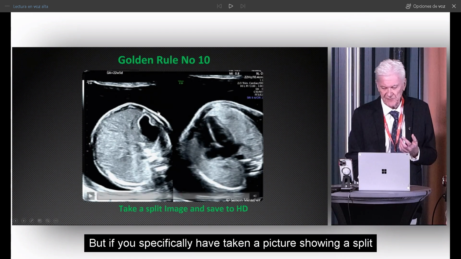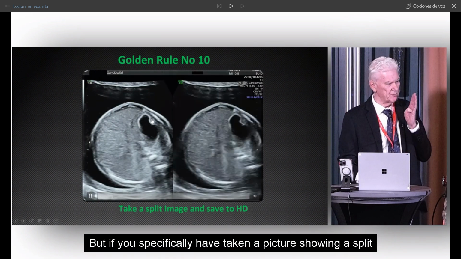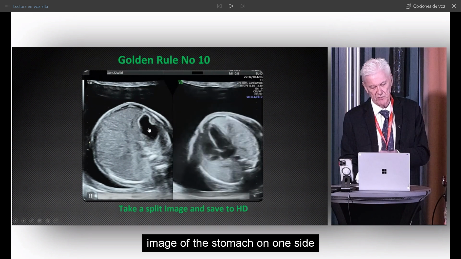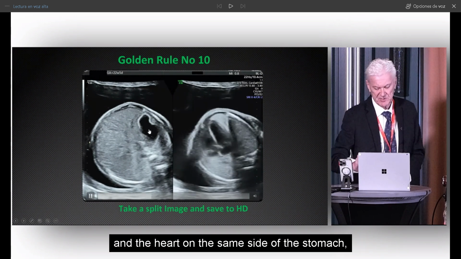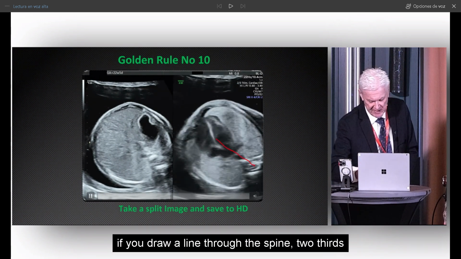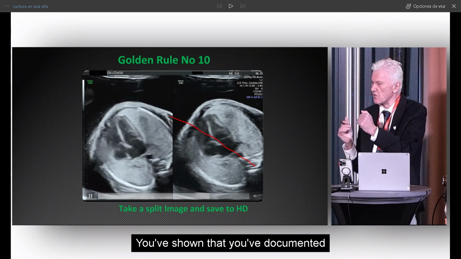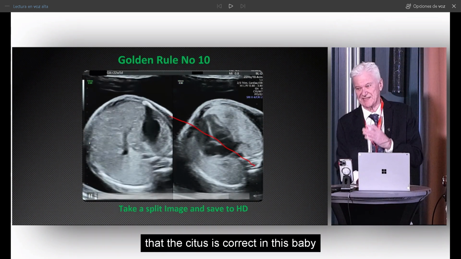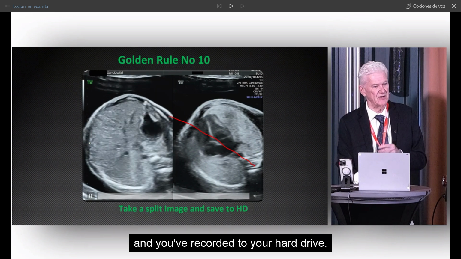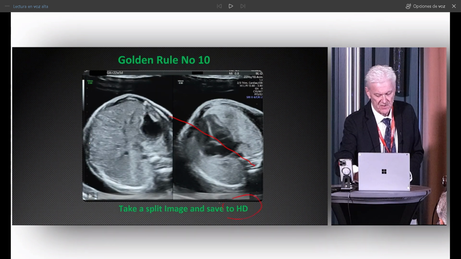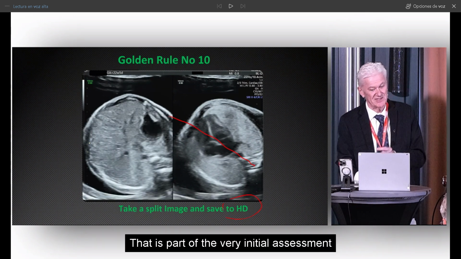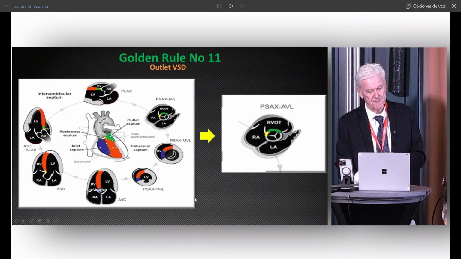But if you specifically have taken a picture showing a split image of the stomach on one side and the heart on the same side of the stomach, you draw a line through the spine, 2/3 of the heart is in the left hemithorax, you've shown that you've documented that the situs is correct in this baby and you've recorded it to your hard drive. That is part of the very initial assessment of doing an ISUOG guideline.